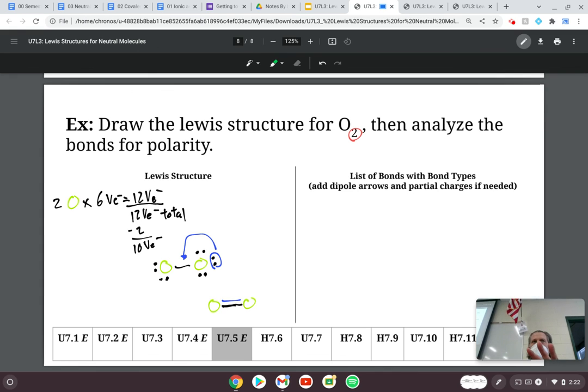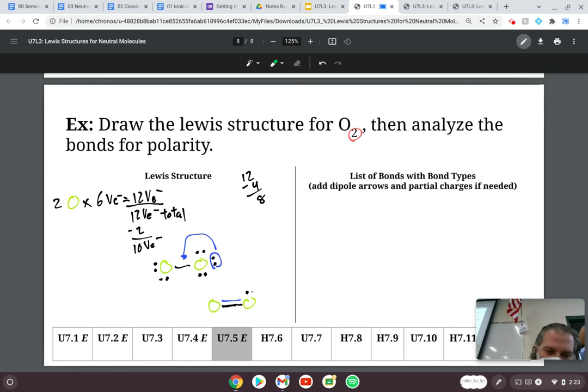Two bonds. Now, of those 2 bonds, I've used 4 electrons out of 12. Does that make sense? Because I'm redrawing this structure. So if I take 12 minus 4, I get 8. So I'm going to go ahead and continue adding 8 electrons until everybody's satisfied.